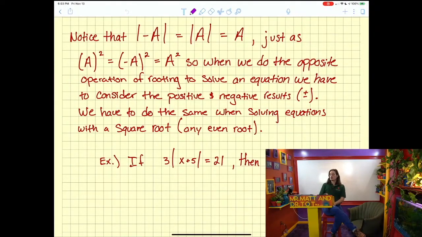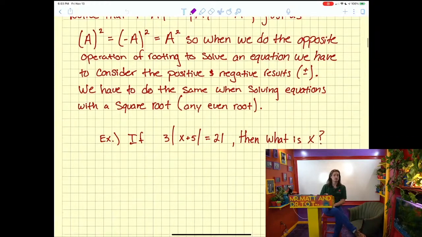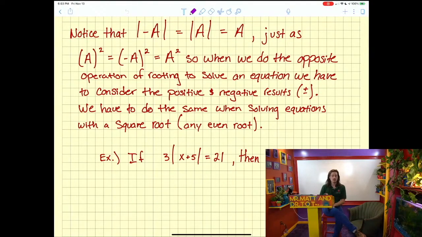Basically what I was just saying, because the absolute value of a negative number is the positive version of that number, just like when we square a positive value or we square its negative counterpart, we get the same output. Negative 3 quantity squared is positive 9, positive 3 quantity squared is positive 9.